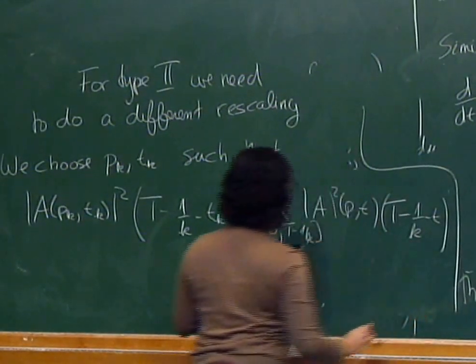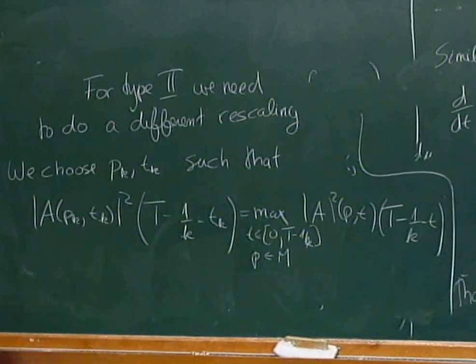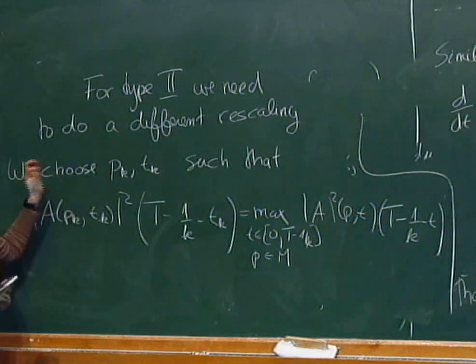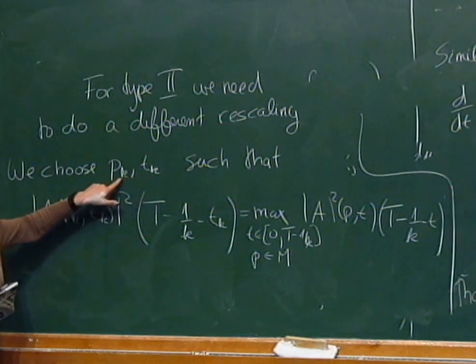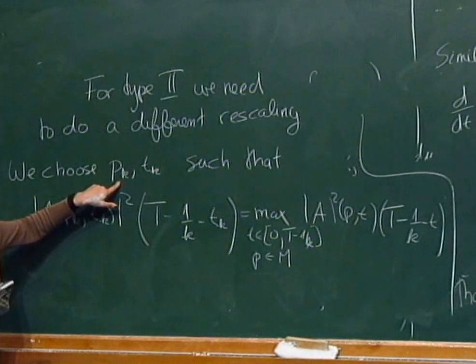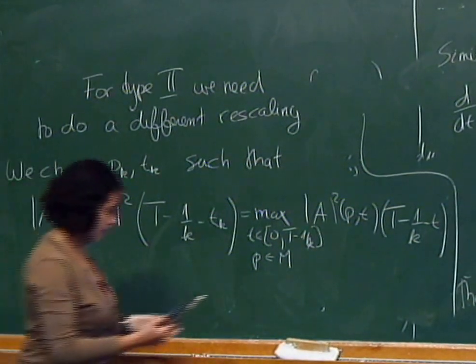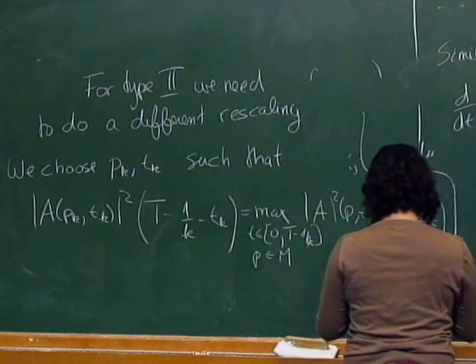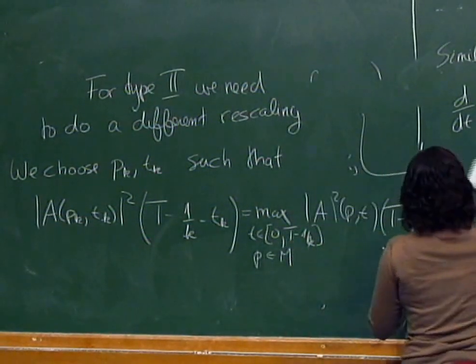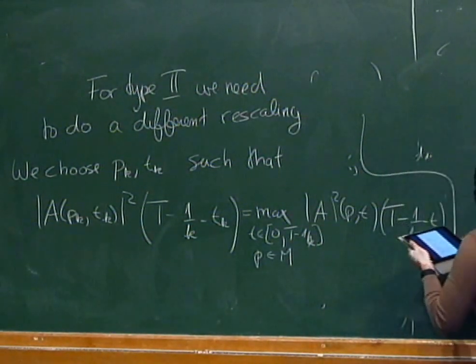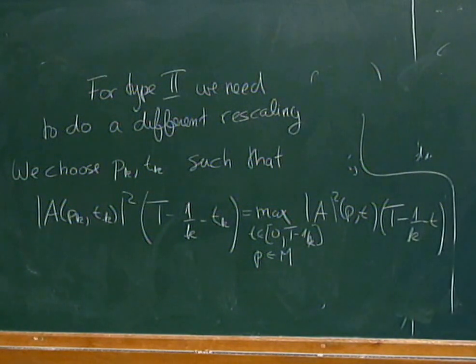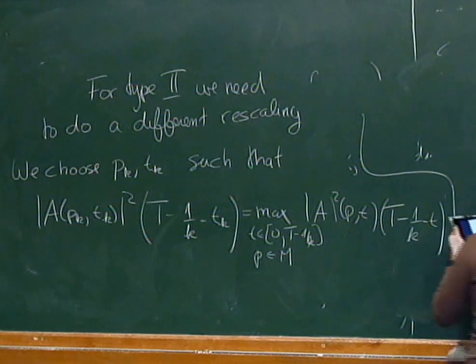So basically, just to be clear on what this means, I want to approach the singular time and the singular point in a special way to be able to rescale. And when you do the estimates, you can see why this is a correct rescaling, I guess.